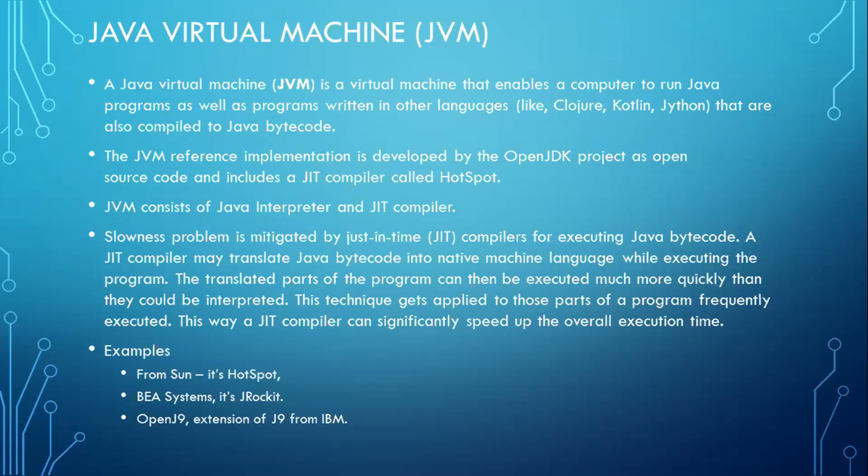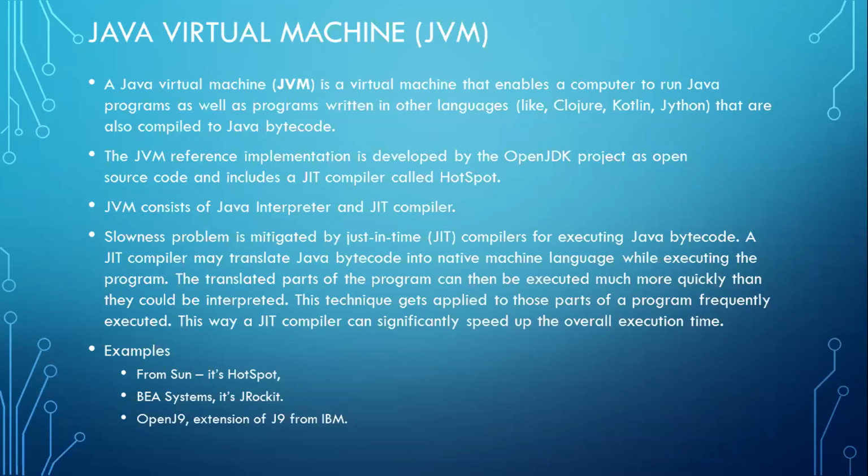As I mentioned, the JIT compiler translates Java bytecode into native machine language while executing the program. Once it gets translated into machine understandable language, the translated part of the program can be executed much more quickly than it could be interpreted.